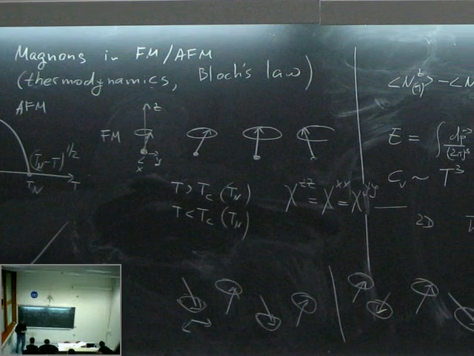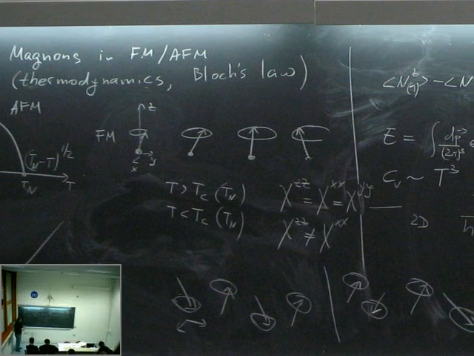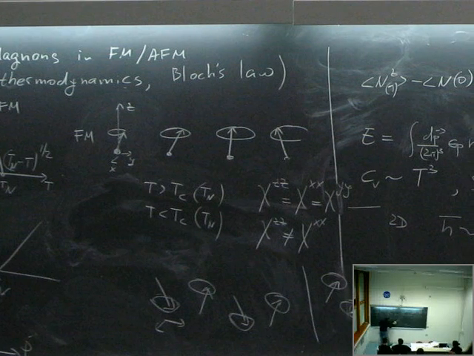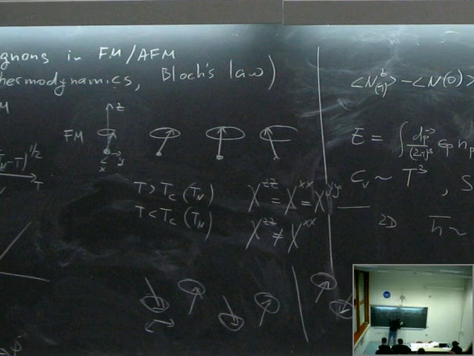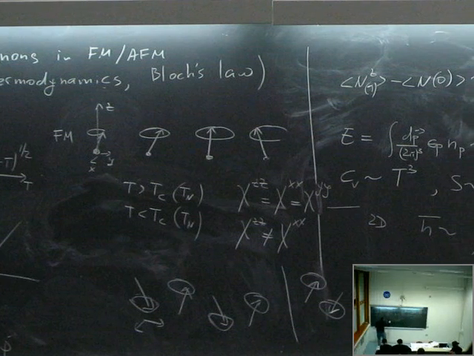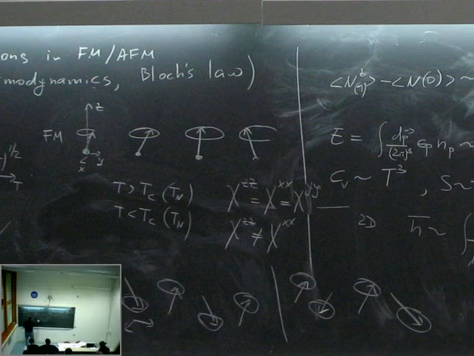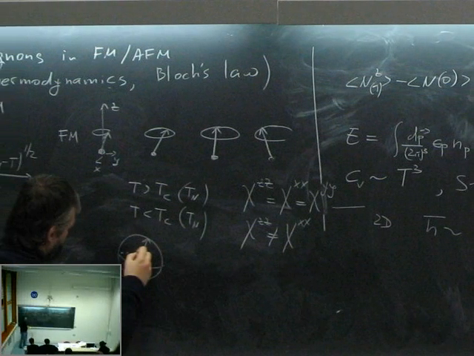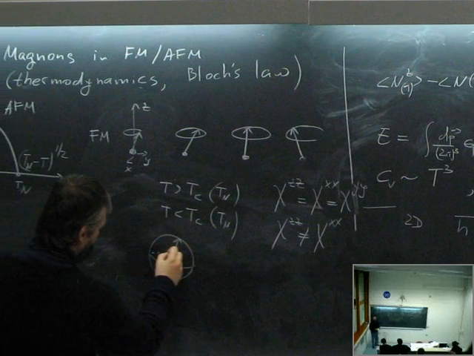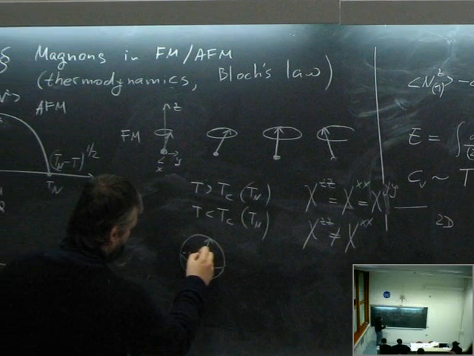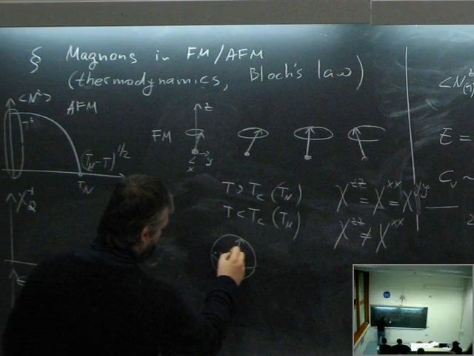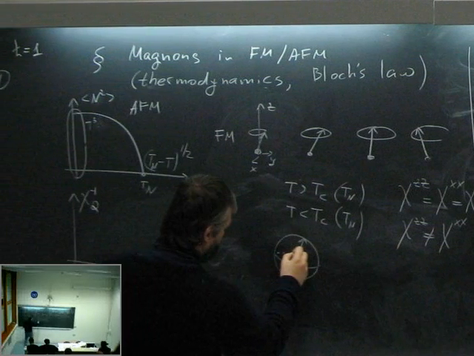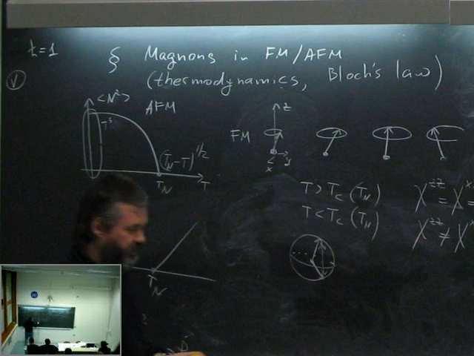Why? Because, as I said, the symmetry is broken. Again, to have in mind a cartoon, let's draw a spin on a sphere. If we are below the critical temperature, in order to flip the spin, one needs to pay finite energy, which is this Zeeman energy.